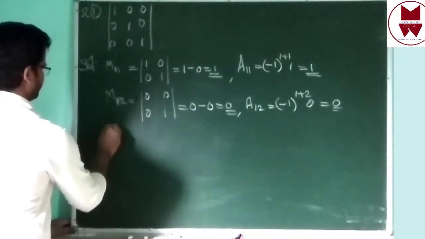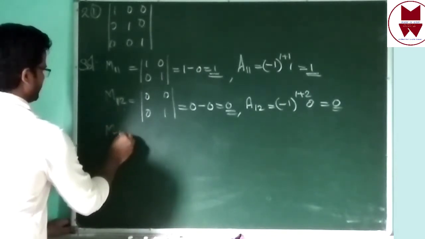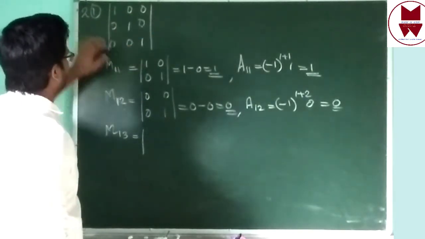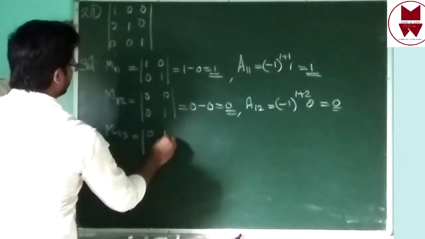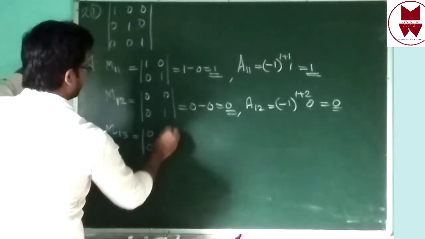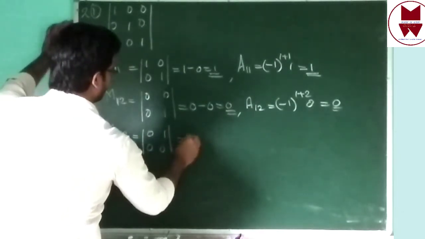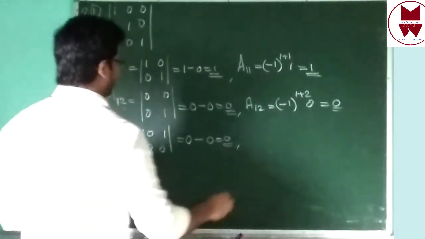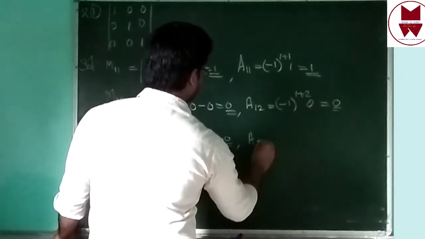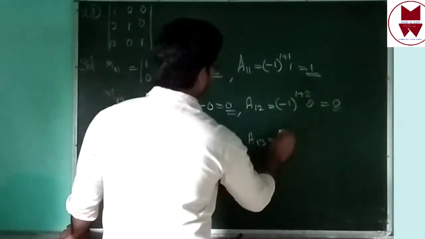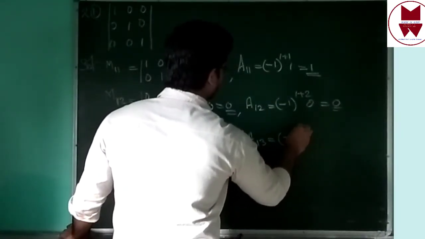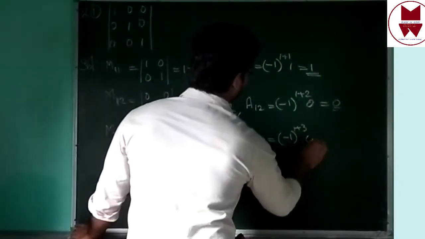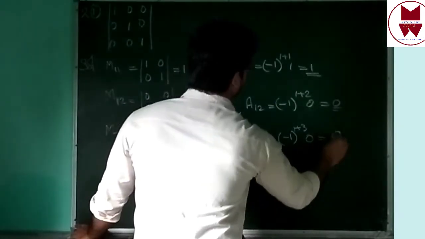The next M13. That means first row, third column. 0, 1, 0, 0. What will get 0 into 0, 0 minus 0 into 1, 0. We'll get answer 0. Then cofactor A13 equal to minus 1, 1 plus 3. Then minor already got it, that is 0, isn't it? So it will be 0.